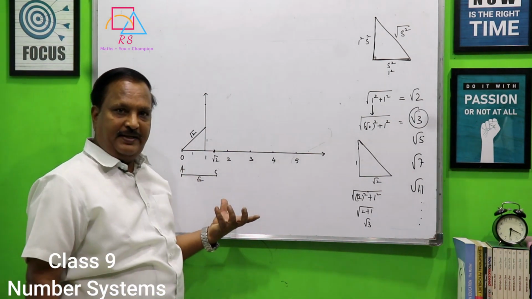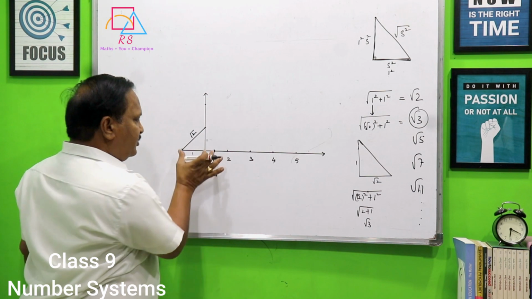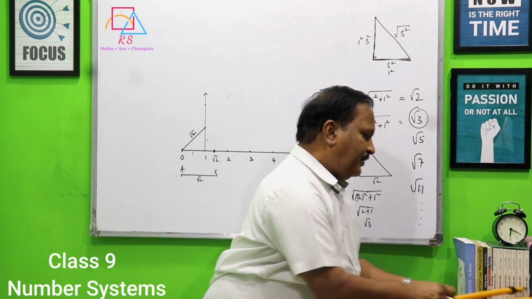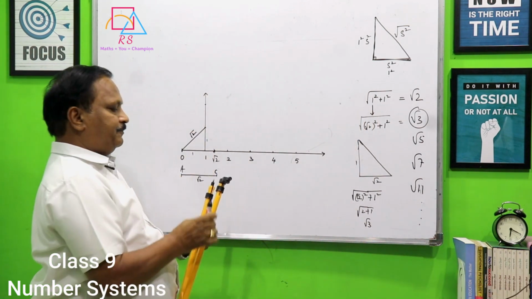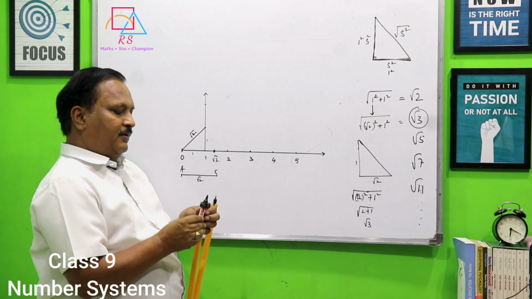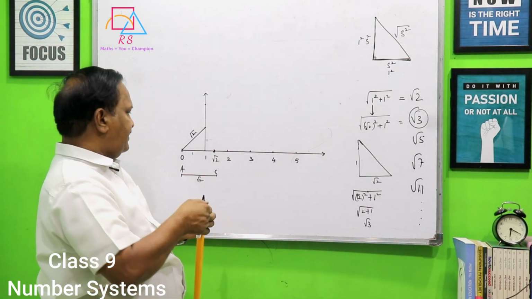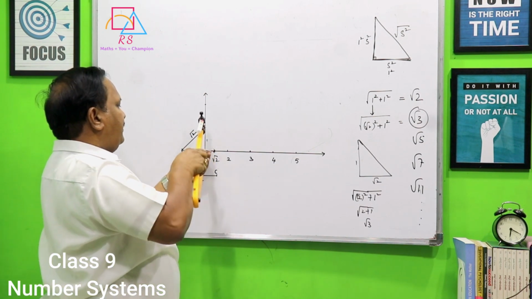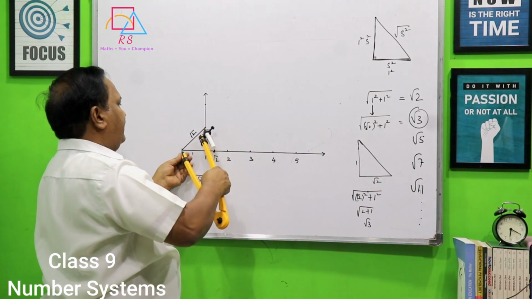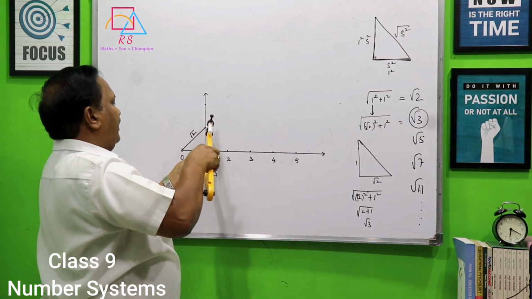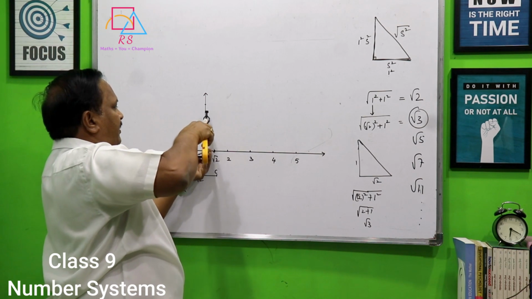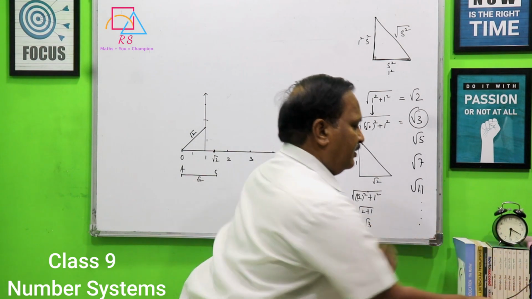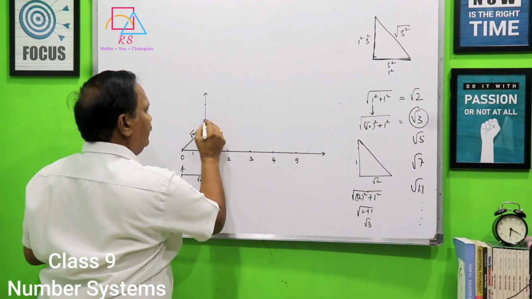We have got already one base. Right? This root 2, you can have it on this also. So what I will do, I will have it on this line. For that I have to use my compass. So now this is root 2. If I take from here, this is root 2. Okay? So now this is root 2.